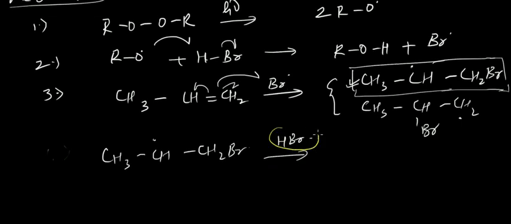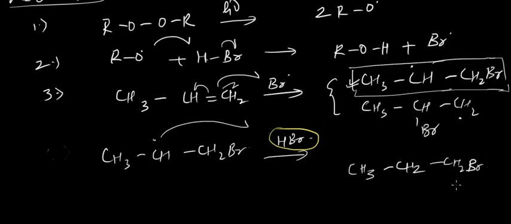The free radical on the alkane will actually attack on the HBr to form CH2Br. Okay, and obviously Br would be released as a free radical.